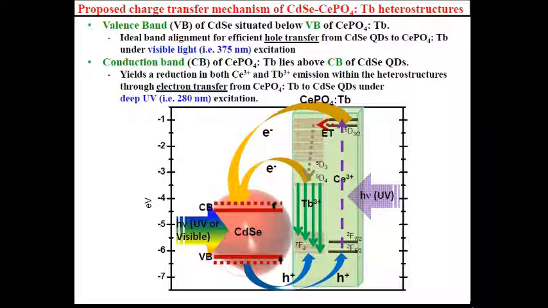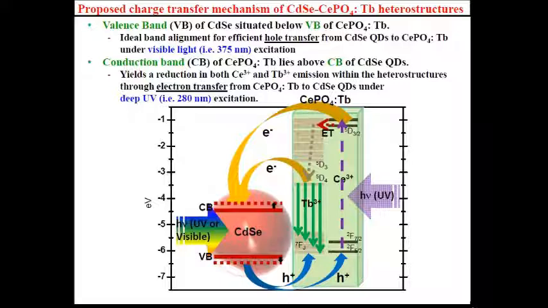Whereas if I look at 280 nanometer excitation, which is right here, I'm accessing a situation where the conduction band of cerium phosphate lies above the conduction band of quantum dots. In that particular case, the reduction in the emission of both cerium and terbium is via electron transfer going from the cerium phosphate to the quantum dot. So the very interesting thing about this heterostructure is that I can access both hole transfer or favor electron transfer depending on the nature of the illumination through which I irradiate my heterostructure.